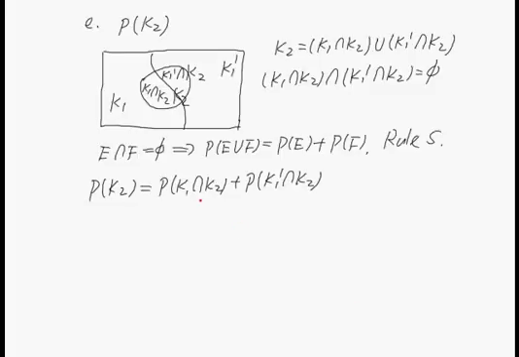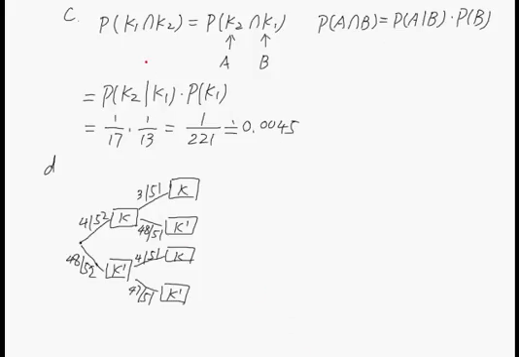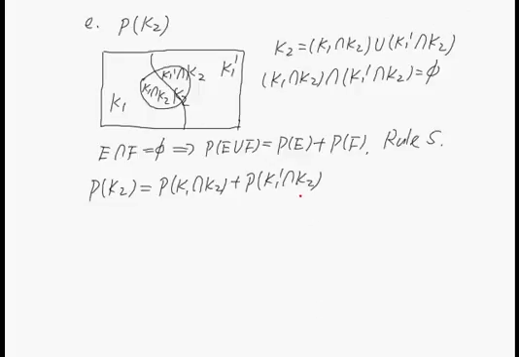P of K1 intersection K2, we already found in part C, right? So now we just need to find P of K1 prime intersection K2.